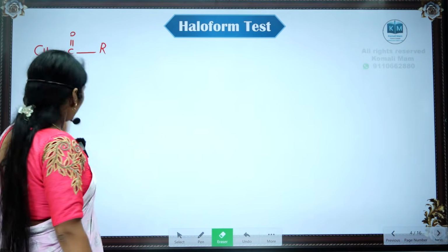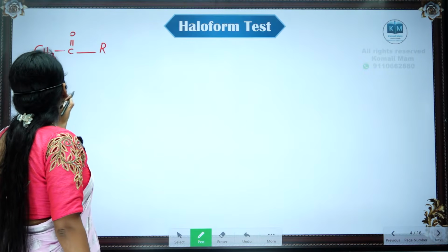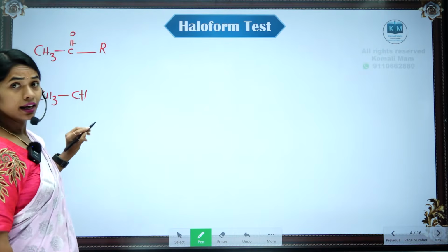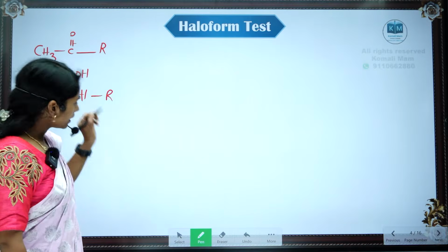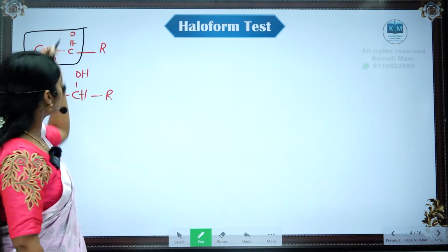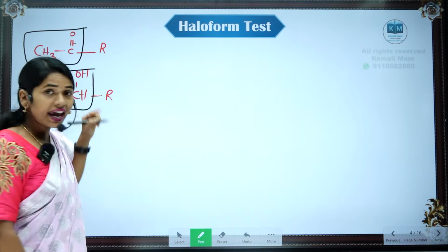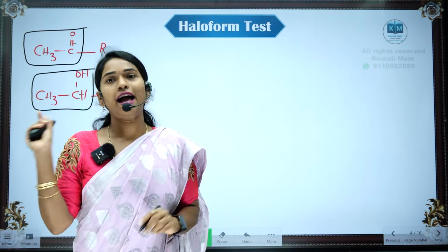If you break this pi bond, what you will be getting? Break this bond, put one H here, one H here. So we will be getting OHR. So the compounds which are having either this part CH3 C double bond O or CH3 CHOH, either this or this, those compounds will give Haloform test.